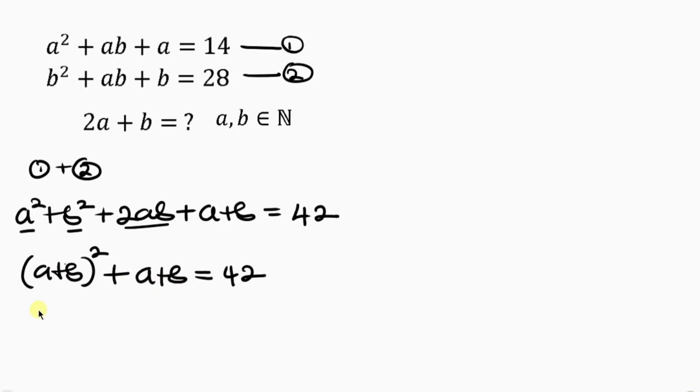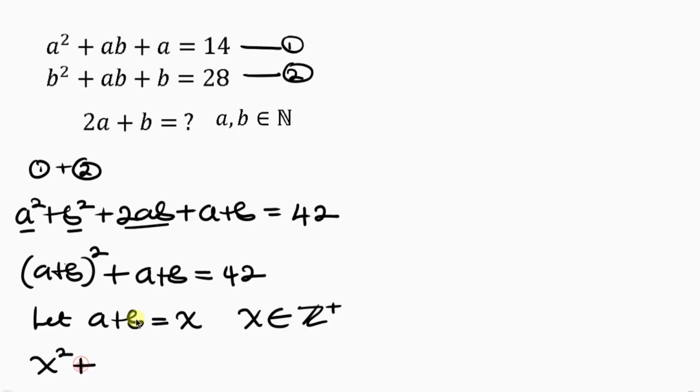So it is easy to introduce substitution by saying that let a plus b be equal to x. And since a and b are natural numbers, x should be a positive integer. So this now becomes x squared plus x equal to 42.